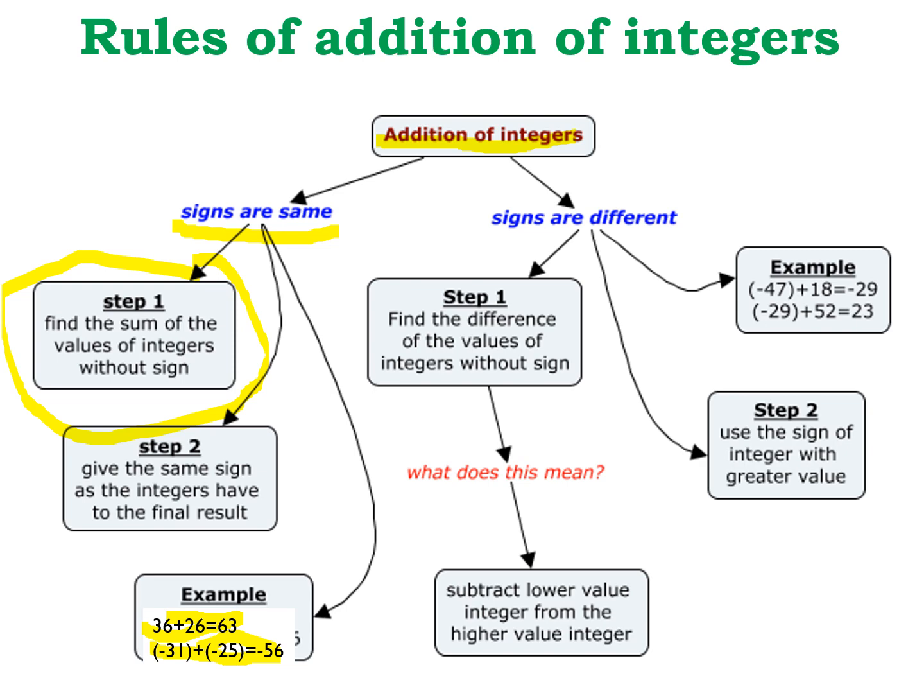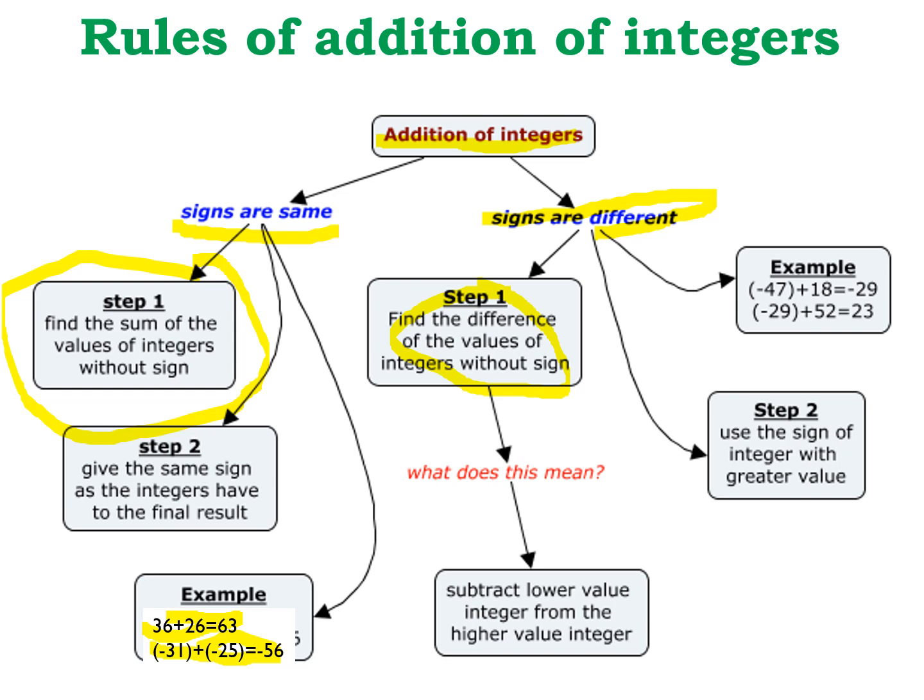Second case is when the signs are different. So step 1 is to find the difference of the values of integers without sign. It means you have to subtract the lower value integer from the higher value integer. Let us see one example. When two integers are given as minus 47 plus 18, what will you do?